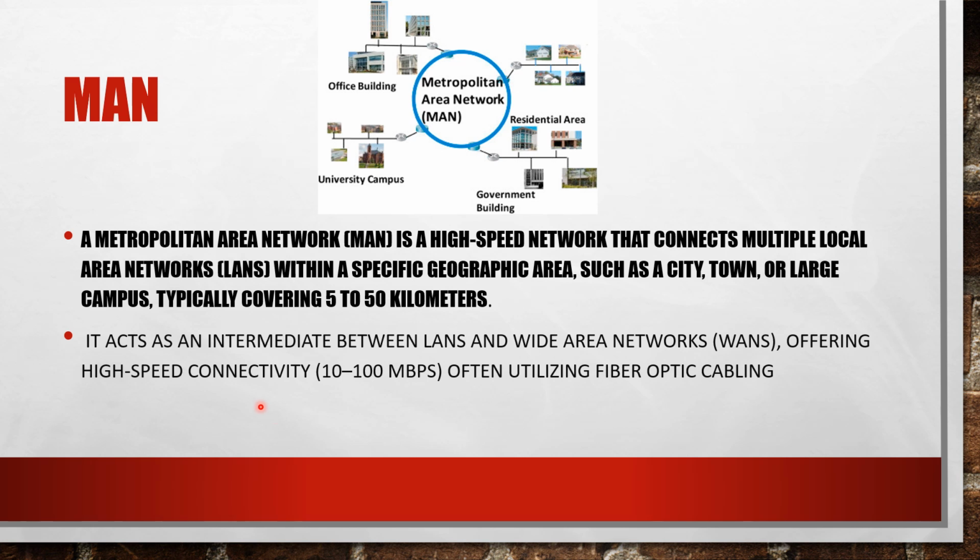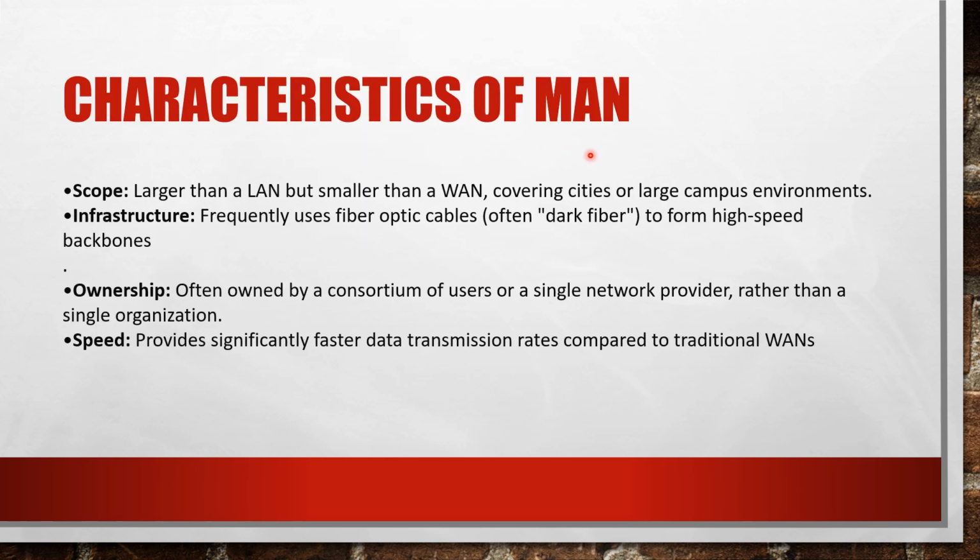So it is an intermediate which provides both distance coverage as well as high-speed network connectivity, and it often uses fiber optics for high-speed networking. About its characteristics, its scope, as we mentioned, is between LAN and WAN, and its infrastructure mostly uses optical cables, and ownership is by a consortium of users or a single network provider.